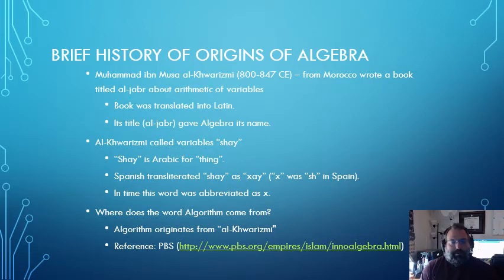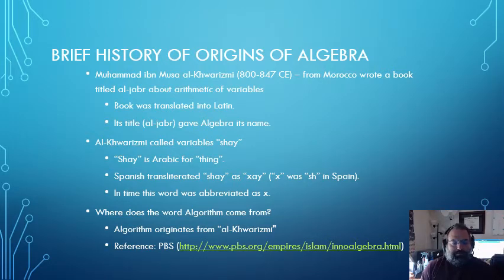Basically, a book was written back in Morocco that dealt with arithmetic of variables. The book was translated into Latin. Its title gave algebra its name. The variables were called shay. Shay is Arabic for thing.